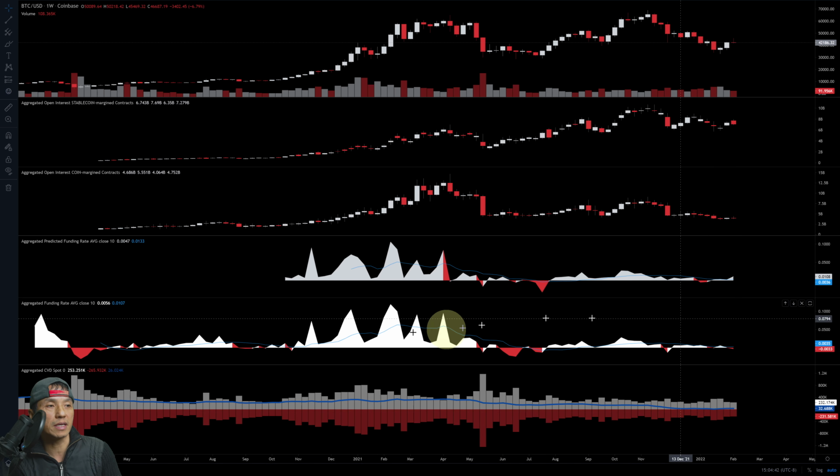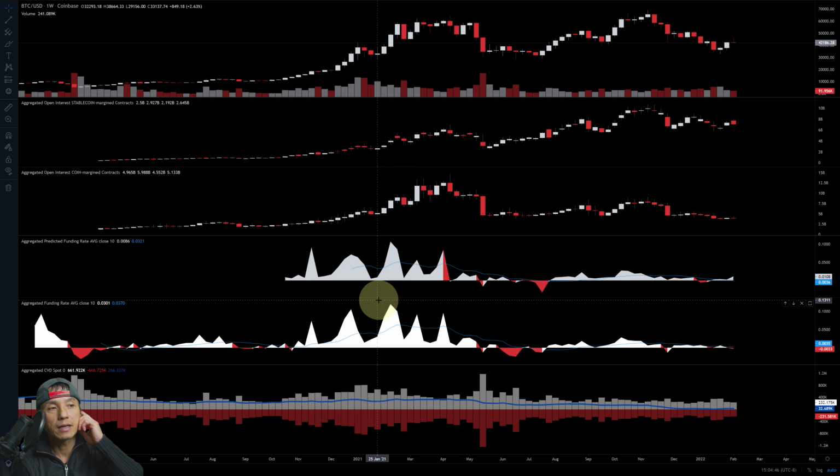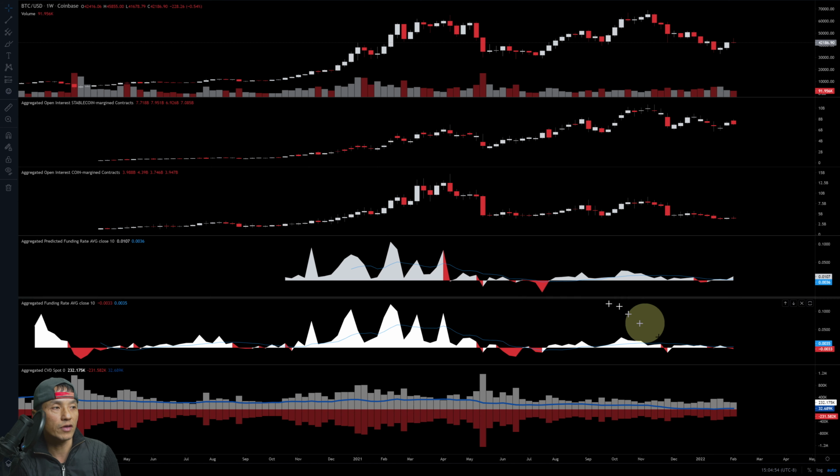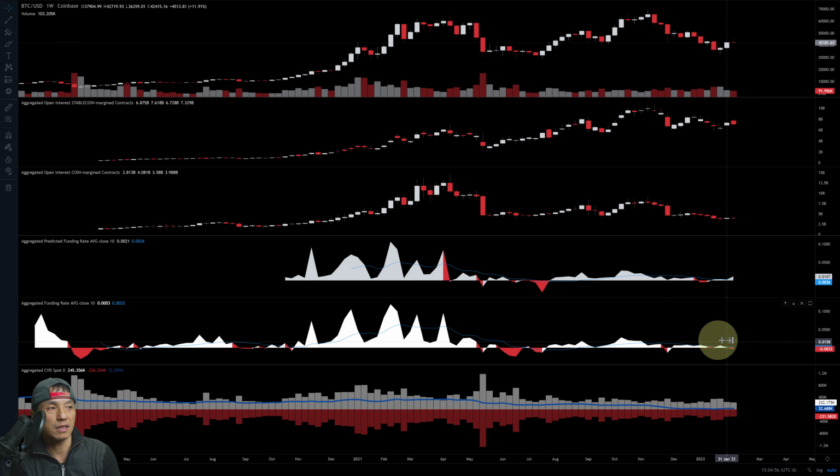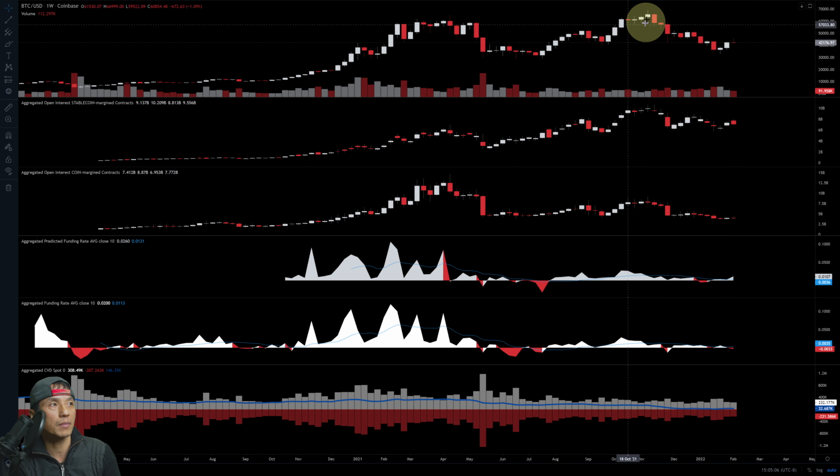When funding rate is positive, that means it's bullish, right? Because longs are paying a premium to the shorts to be able to hold their positions. That means the market's bullish. If you look at this, the market's not bullish. The market is trending down. Funding rate's trending down. And that happened even before we hit the all-time high.